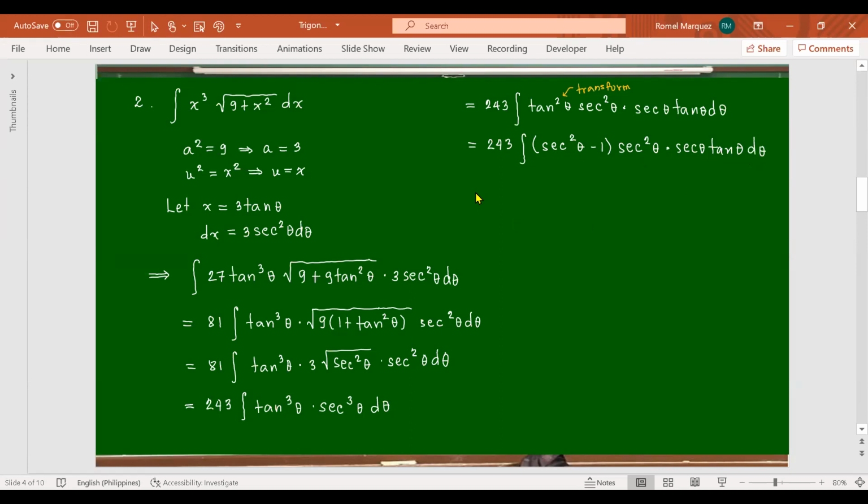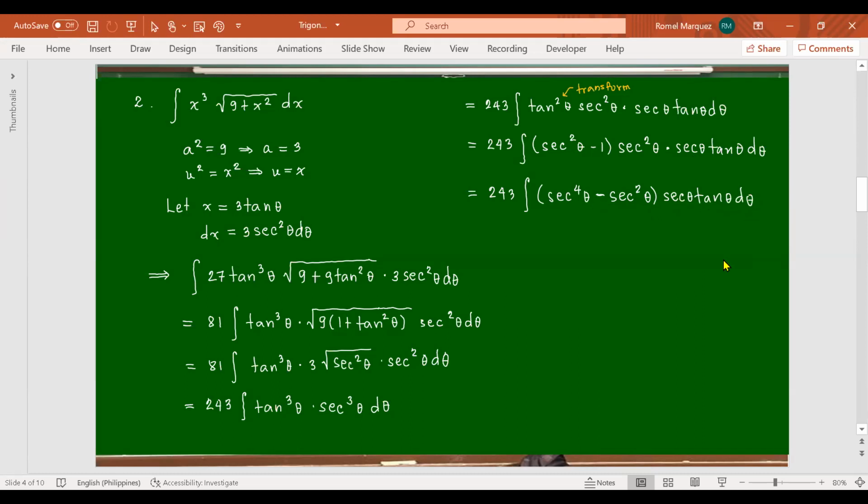Okay? So let's now distribute this secant squared inside. So we have secant to the fourth theta minus secant squared theta times secant theta tangent theta d theta.